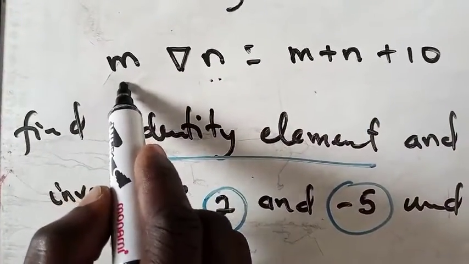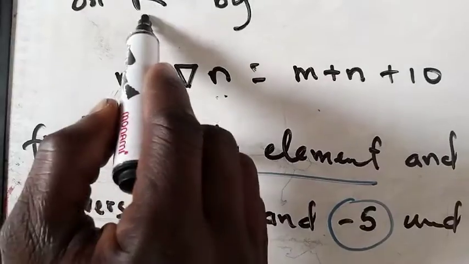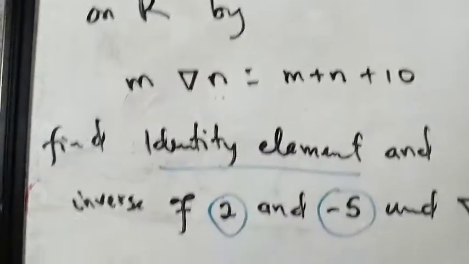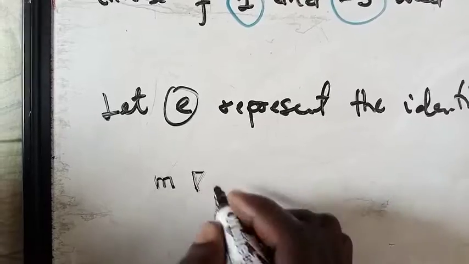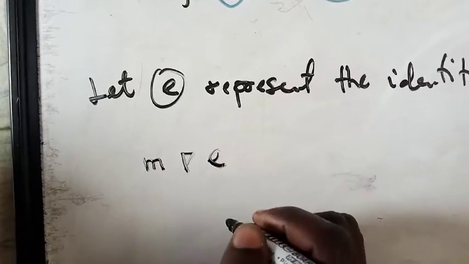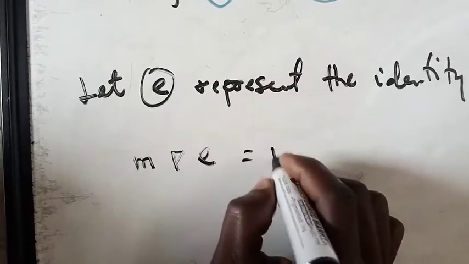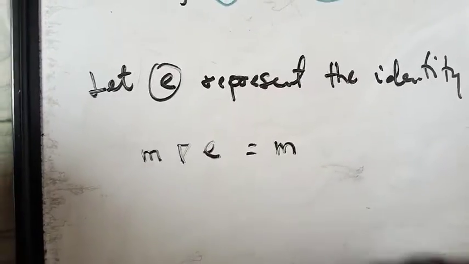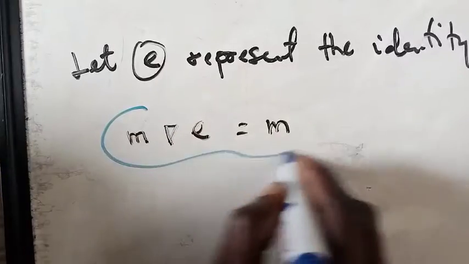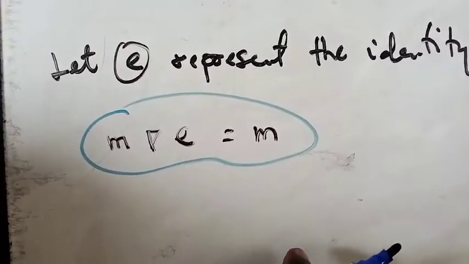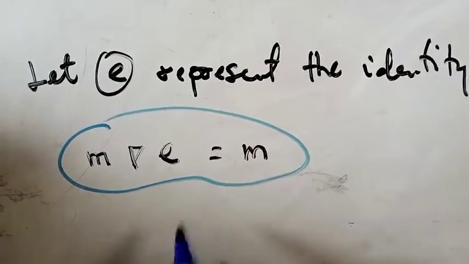If I pick M and combine it with E, the identity, using the operation given to me, I'm going to get the same person, M. This is the property, the key that you must know before you can proceed in solving for any identity element. This is what we are looking for.